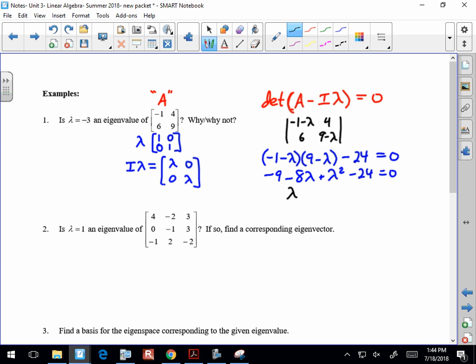So lambda squared minus 8 lambda, is it minus 33? All right, so lambda minus 11, lambda plus 3 equals 0. So I have two eigenvalues, lambda equals 11 and -3.